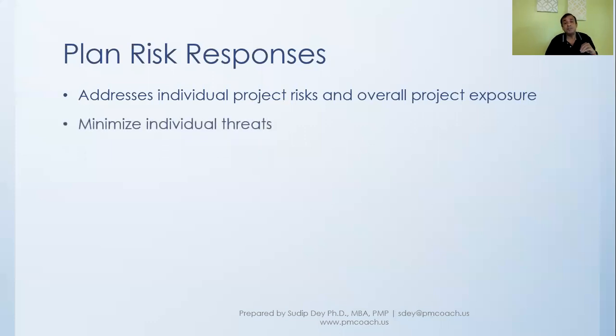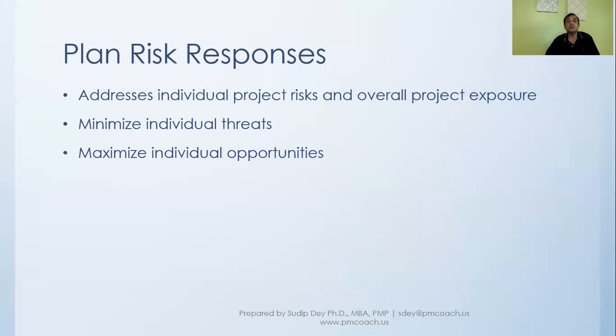Through this planning, we'll look at how we can minimize individual threats. Basically, when it is a threat, we want to minimize it, right? Because this is a negative risk. But when it is a positive risk, or an opportunity, we want to maximize those individual opportunities. So we will take a two-pronged approach.